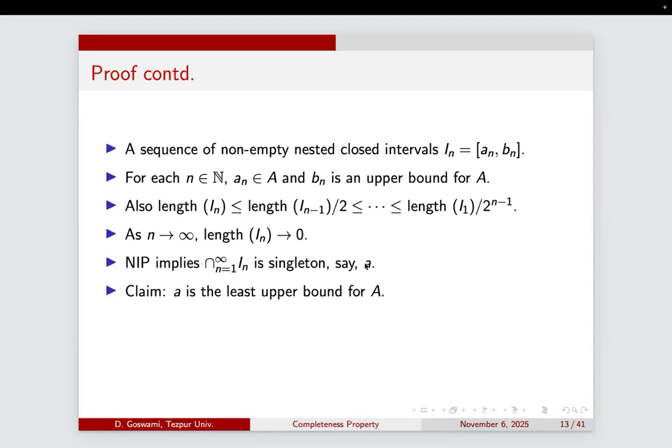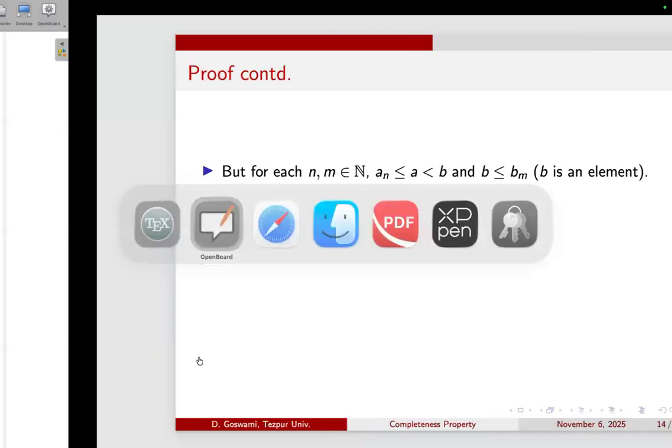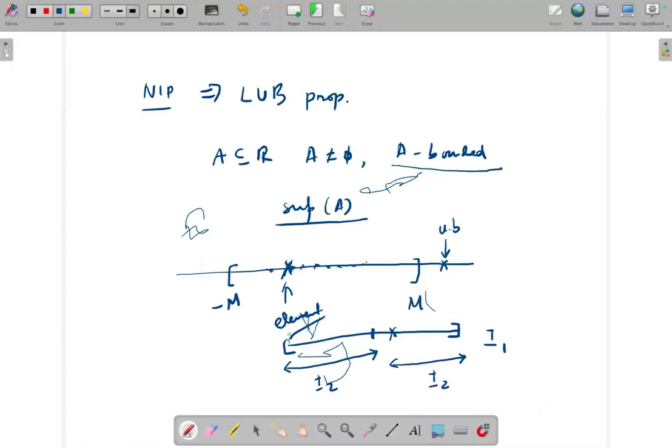Let's check. First, I have to check that a is an upper bound for A. So if not, I must have an element b belonging to A. Okay, so let's go back to the picture. Observe that this is I1.